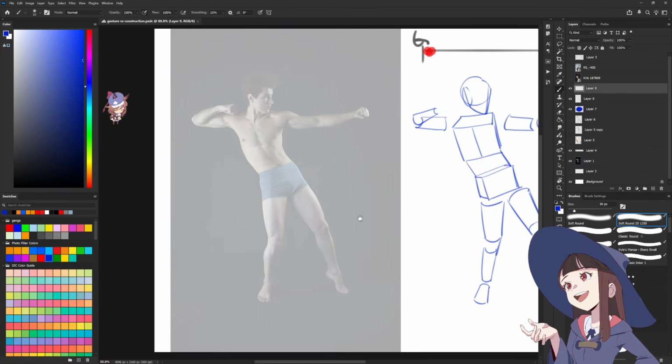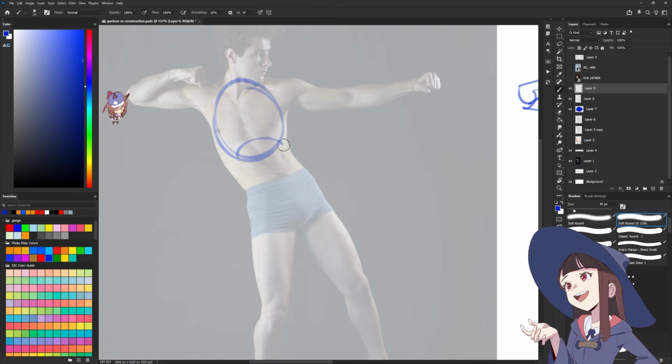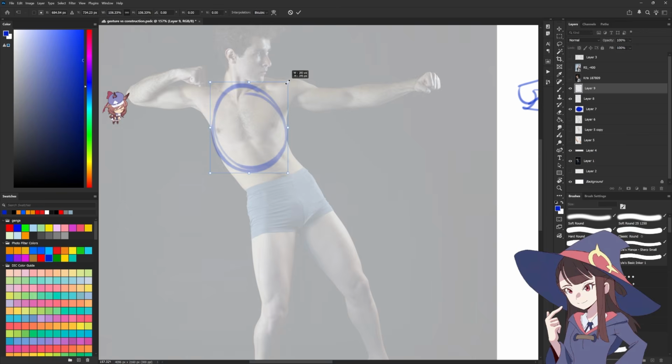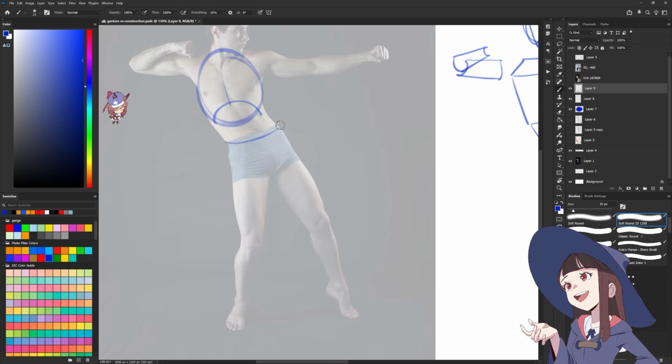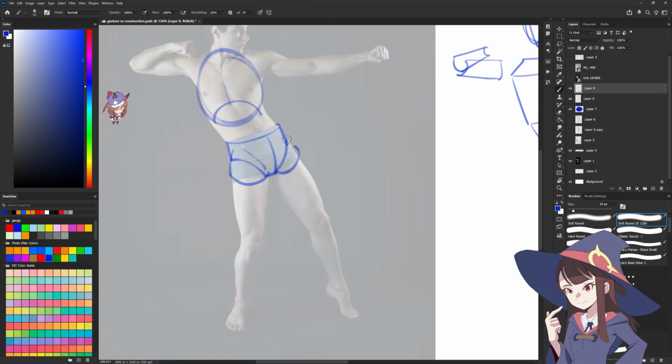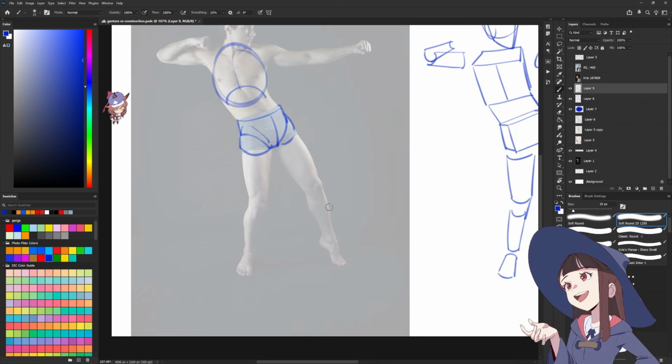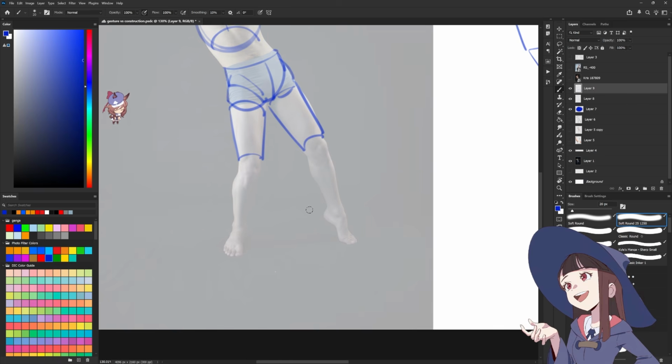The rib cage can also be an egg shape. I would even put it lower, like this and bigger. The pelvis, I like using more of a diaper shape, like this. And then I like using spheres here because they allow me to put the leg cylinders however I want. Think of it like an action figure.